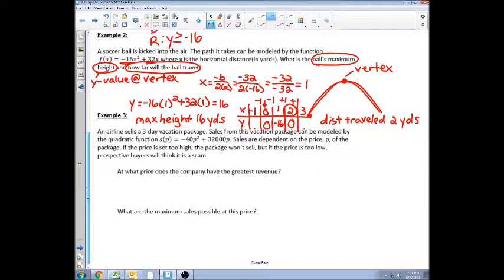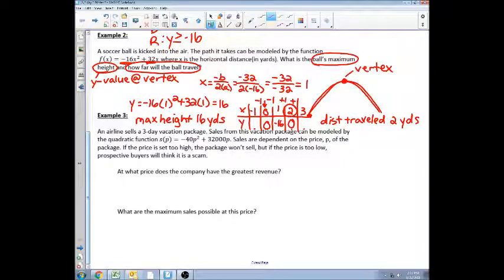Example 3. An airline sells a 3-day vacation package. Sales for this vacation package can be modeled by the quadratic function S of p equals negative 40 p squared plus 32,000 p. Sales are dependent on the price, which is p, of the package. If the price is set too high, the package won't sell, but if the price is too low, prospective buyers will think it is a scam.